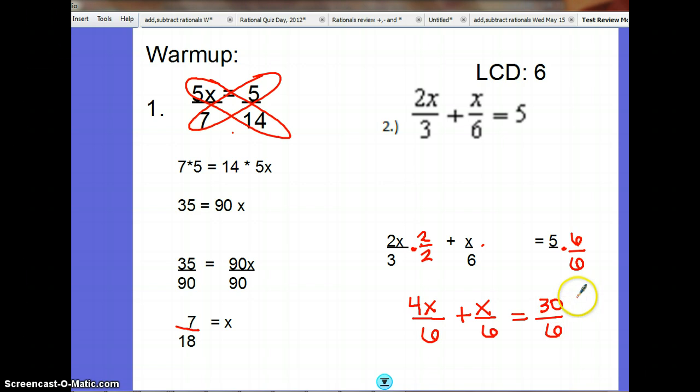The idea we began discussing in the last class was that once we have a common denominator, in this case 6, we can essentially ignore it and just deal with the equation on top. So our problem really now becomes, what is the solution to 4x plus x equals 30, the highlighted expression? So let's quickly work that out.